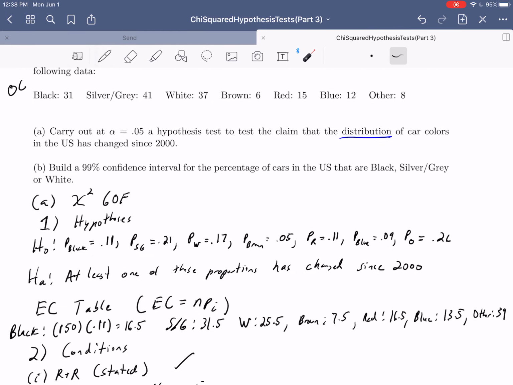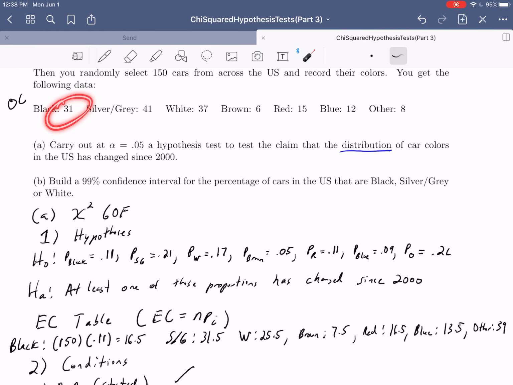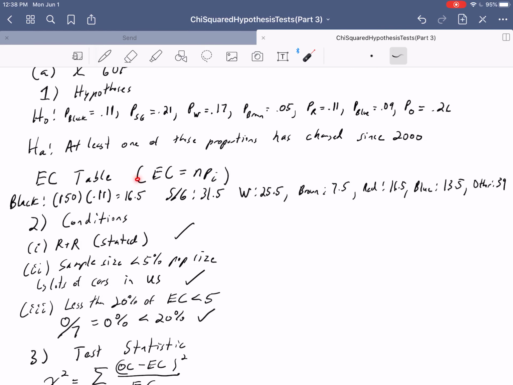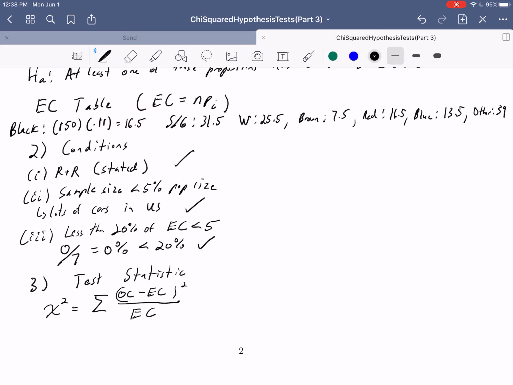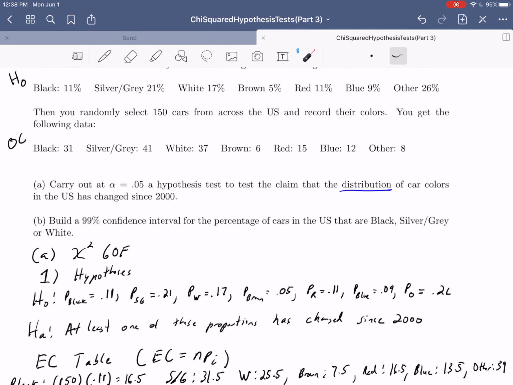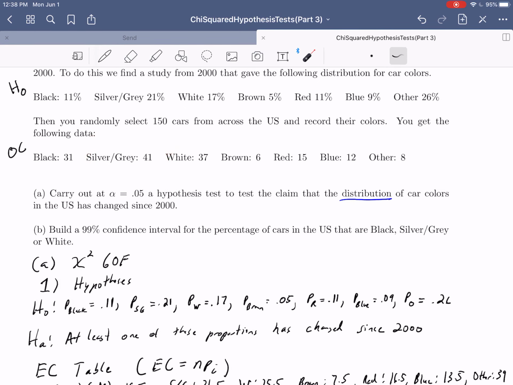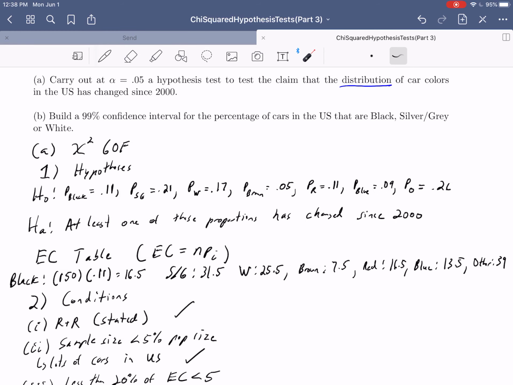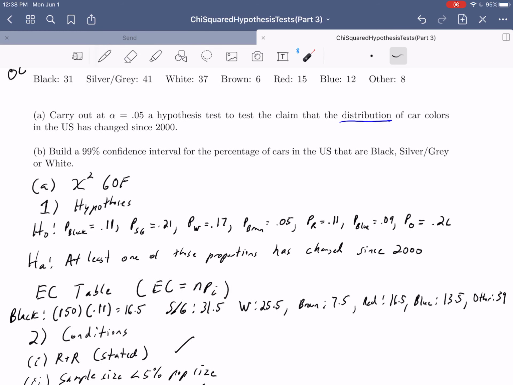So our first computation is that we observed 31 black cars versus an expectation of 16.5. So the first part of this test statistic will be 31 minus 16.5 squared over 16.5. Then plus the next one, which is that we observed 41 silver and gray versus an expectation of 31.5.